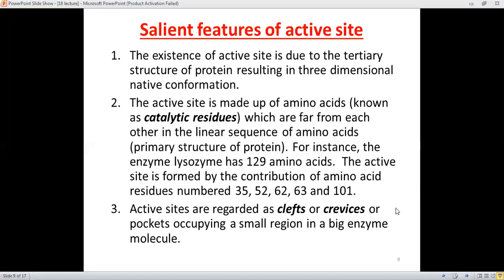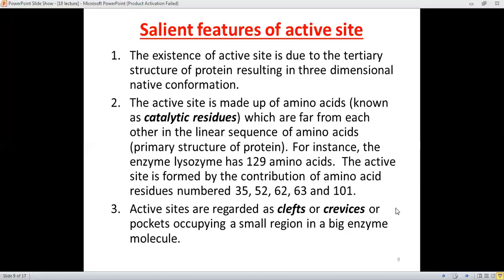It means that these five amino acids are responsible for the catalytic activity of the enzyme out of the overall 129 amino acids present in the enzyme. Only a few amino acids take part in the catalytic activity of the enzyme.